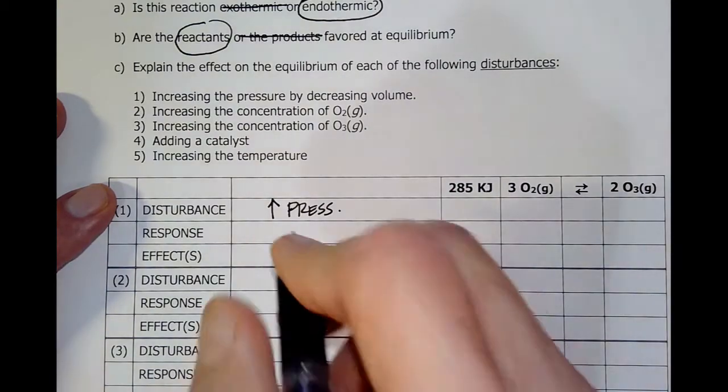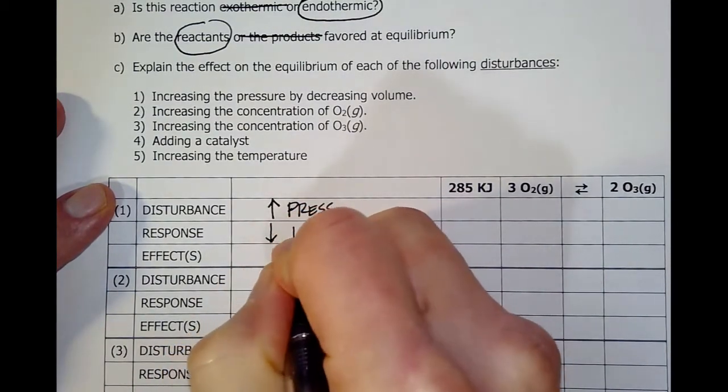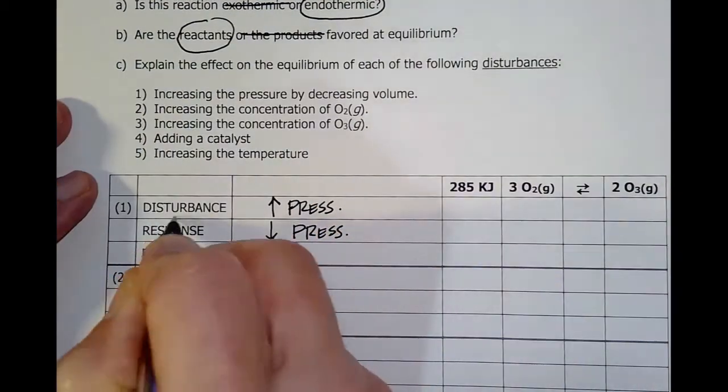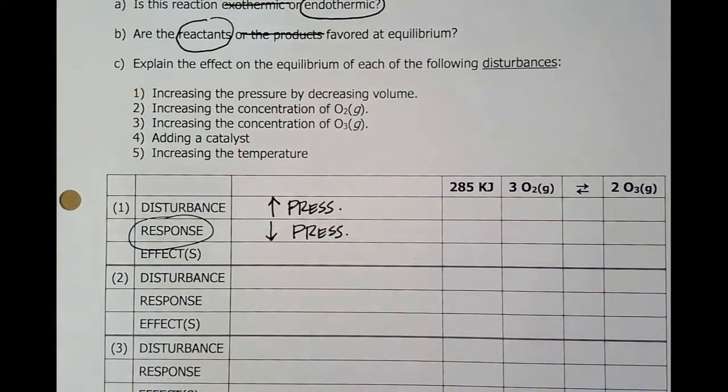LeChatelier says I want to decrease the pressure. There's our LeChatelier response. It was at equilibrium at whatever the pressure was. You squeeze the container, the pressure goes up. LeChatelier says, I want to return the pressure to what it was under equilibrium.